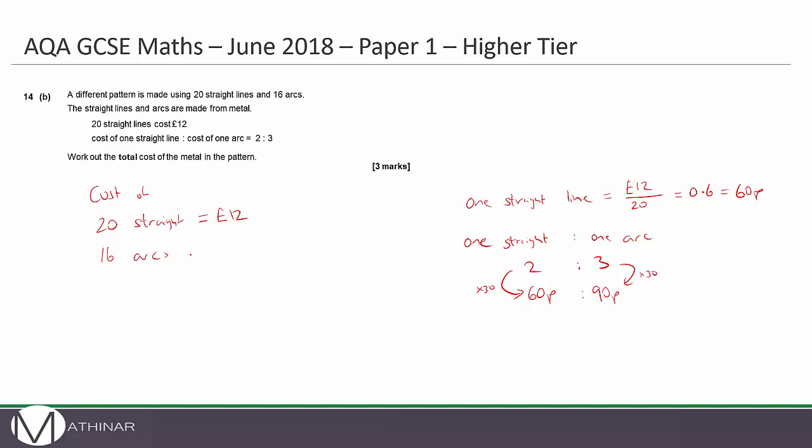So 16 arcs will cost you 16 times 90 pence, which is £14.40. So the total cost will be 12 plus £14.40, which is £26.40.